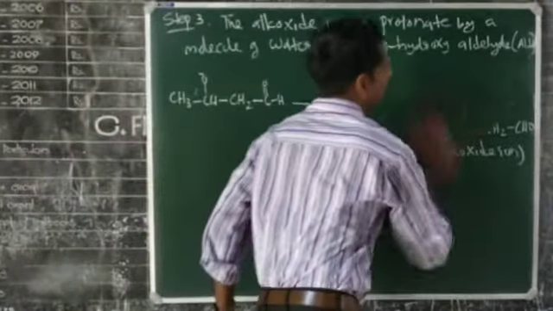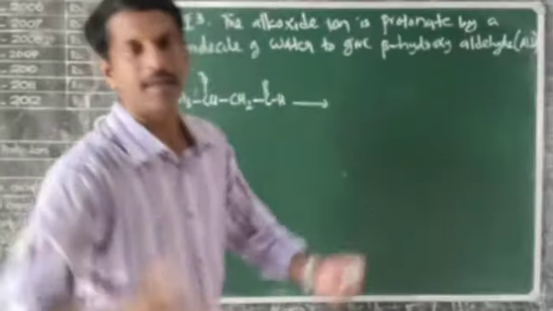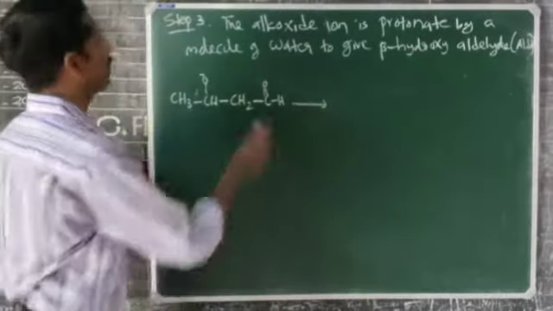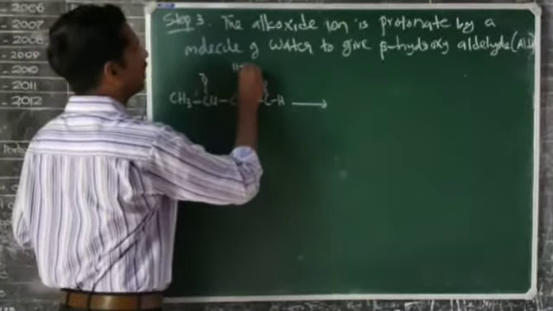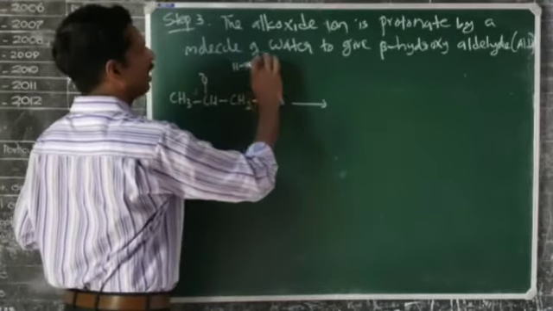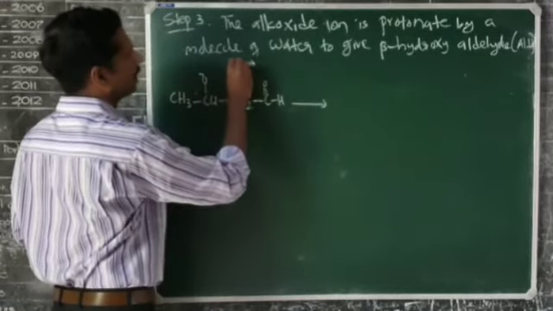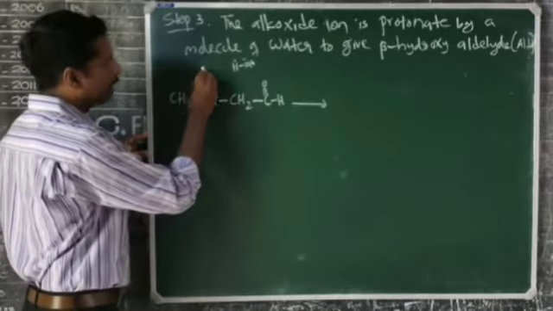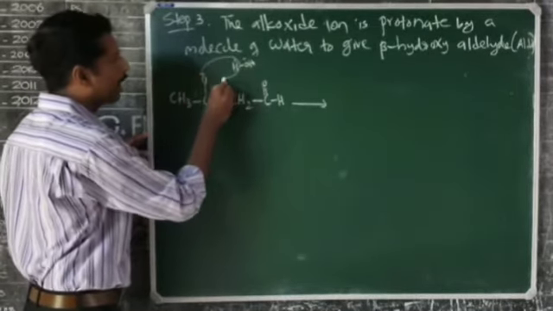So a water molecule is present in the reaction mixture. We are taking aqueous or dilute alkali, therefore water molecule is present. HOH, that means H plus and OH minus. Then this O minus will abstract this H plus.